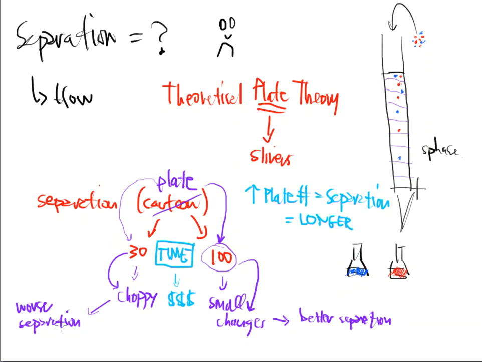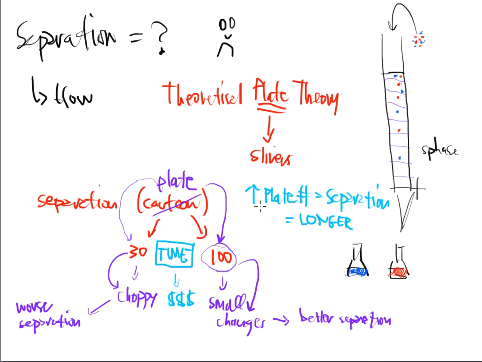The separation's not as good, but this cartoonist will get done with his job quicker. And the cartoonist with 100 sheets to draw, that will take a little bit longer. So if I'm working in a laboratory and I'm looking at time, because time is money, then a higher plate number gives me a better separation every time.